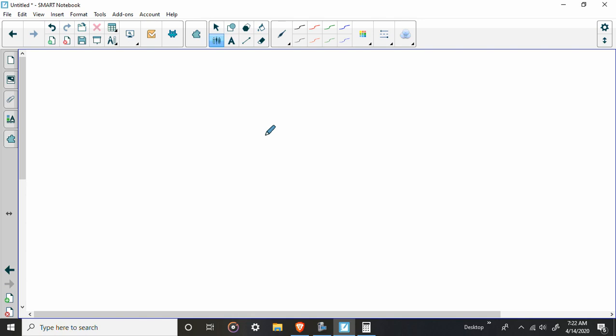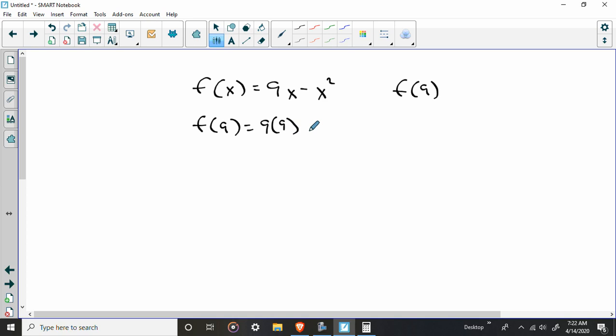If I said f of 9, where f of x is equal to 9x minus x squared, and they want f of 9, let's plug it in. f of 9 is equal to 9 times 9, put inside parentheses, minus 9 squared.